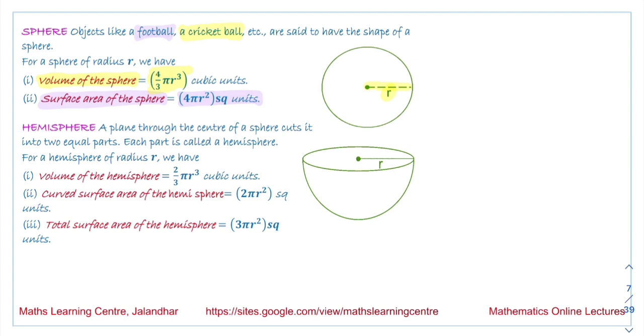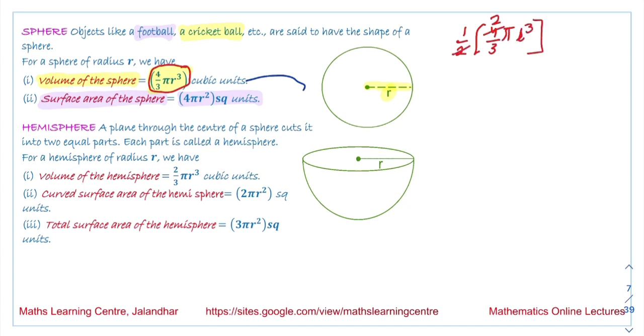Next is the hemisphere. Hemisphere means half. We have cut the sphere in half, so the volume will become half. The volume of the sphere is 4 by 3 pi r cube, so the volume of the hemisphere is 1 by 2 into 4 by 3 pi r cube.